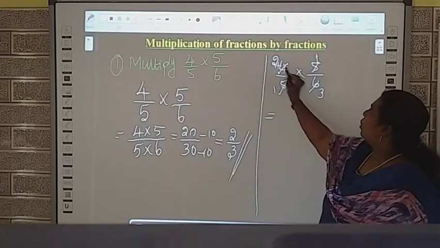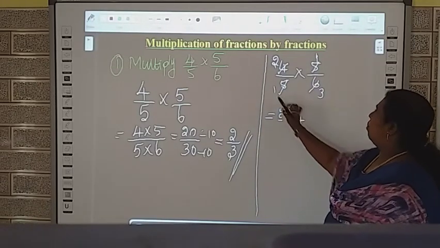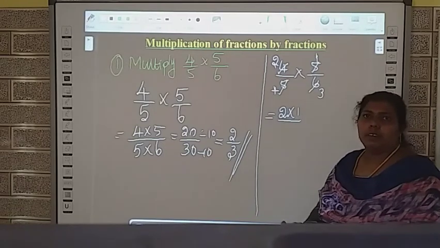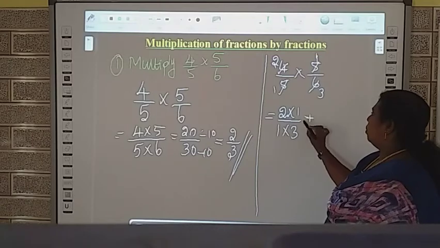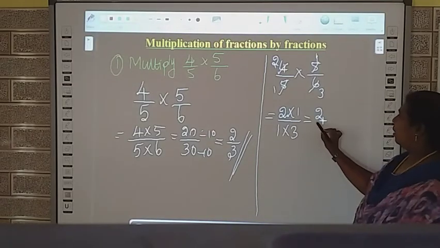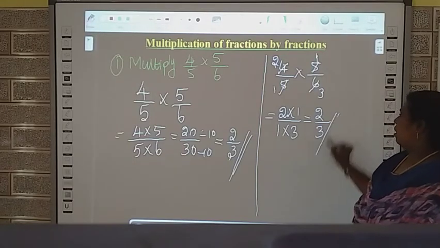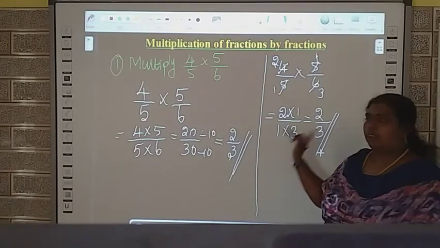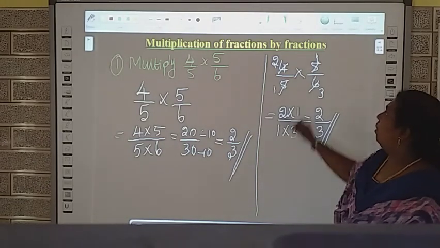Next step, multiply: 2 times 1 divided by 1 times 3. 2 times 1 is 2, and 1 times 3 is 3. So the answer is the proper fraction 2 by 3. Understand?